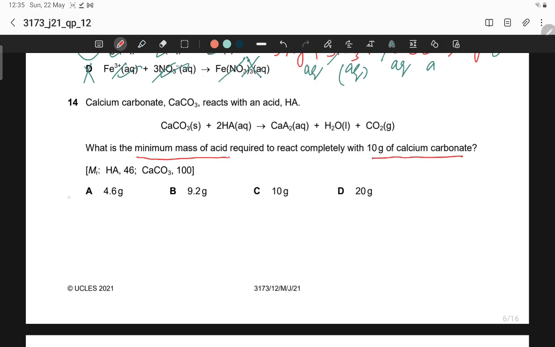So first calculate the mole of calcium carbonate. Mole is equal to 10 gram divided by 100. 10 divided by 100, the answer will be 0.1.